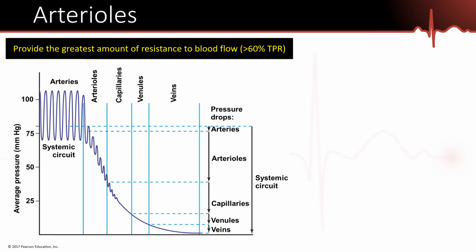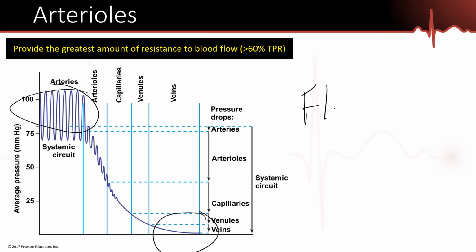So let's just try to establish what I've been trying to say up to this point. We need blood to flow from the arteries towards our veins. And in order to do that, flow is proportional to the amount of pressure within the arteries versus within the veins.